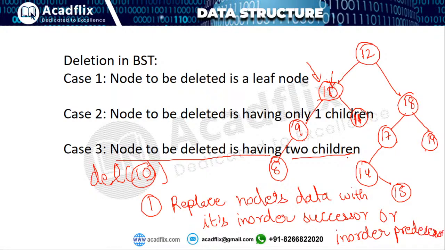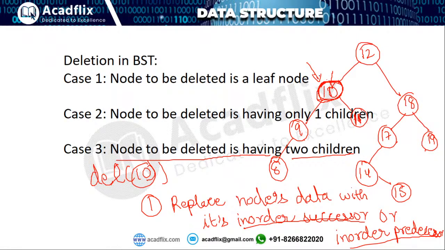Fine. So now the big question is: what is the in order successor and what is the in order predecessor? What is the in order successor? It is the node which will be processed right after this node. So what is that node going to be?